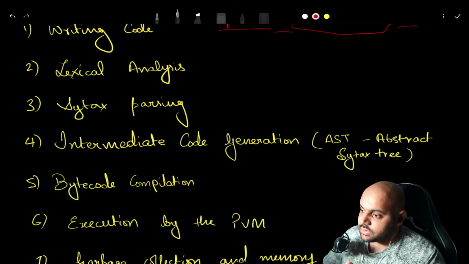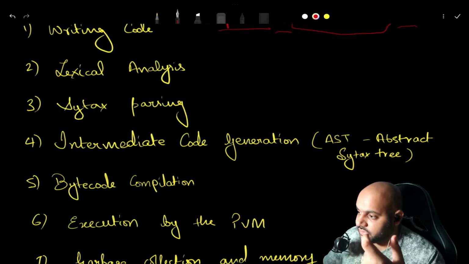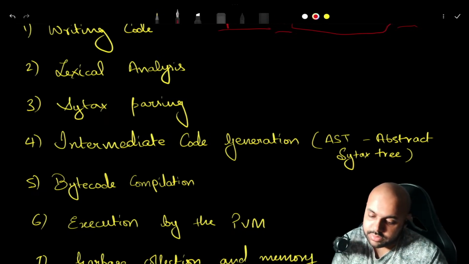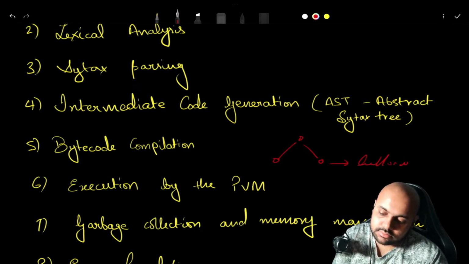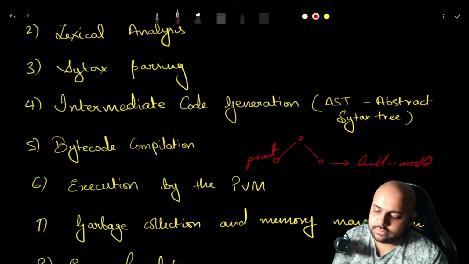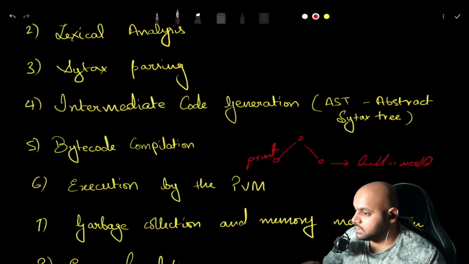For example, the Python hello world might be represented as a node in the AST with two children, one of them is the print function and one of them is the hello world. So it will be somewhat like this. This is hello world, and this is print. That's it. The computer tries to understand it in this way.